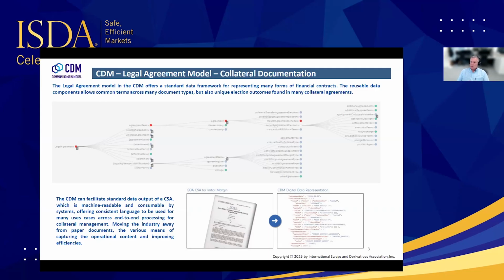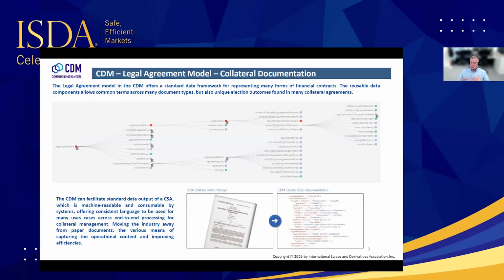And then we get into the agreement structures themselves, such as credit support agreement elections, CTA agreement elections, master agreement elections, and so on. And all of these can be structured in a standard way. And all the different clauses that you're familiar with within these documents that do something operationally, and all the outcomes and different variations of those, can be standardized as standard code in the CDM to give us a standard common framework.